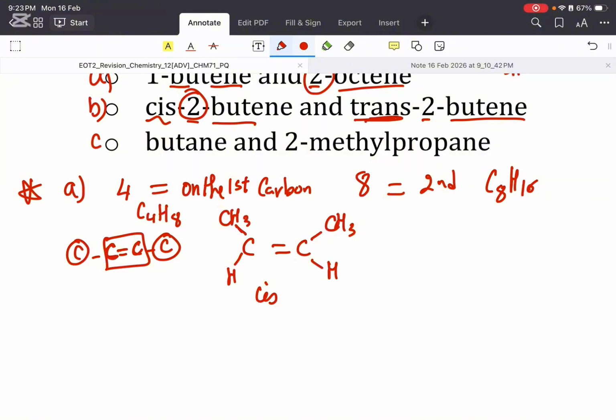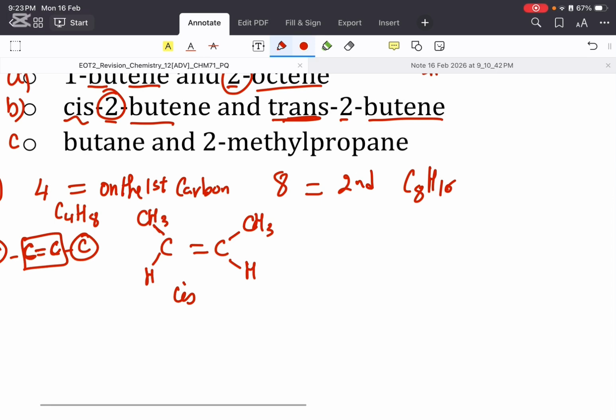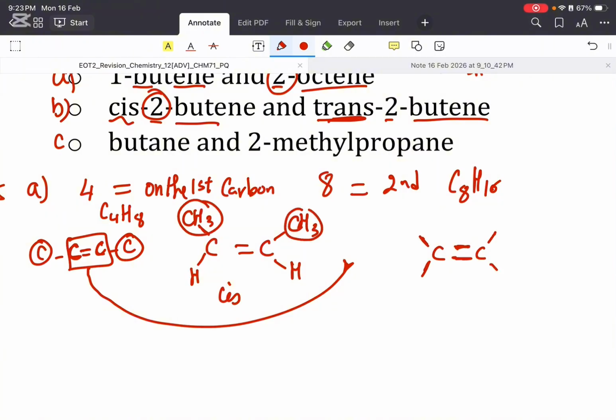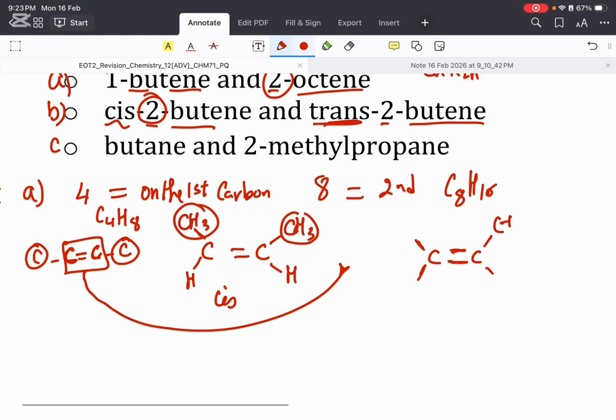And now trans-2-butene. So again, this same one, I'm gonna draw it in a form of trans. So here's the C double bond C, and I'll put the groups around it. Instead of having the CH3 facing each other, the larger groups, I'm gonna rotate this down. So that is a trans.